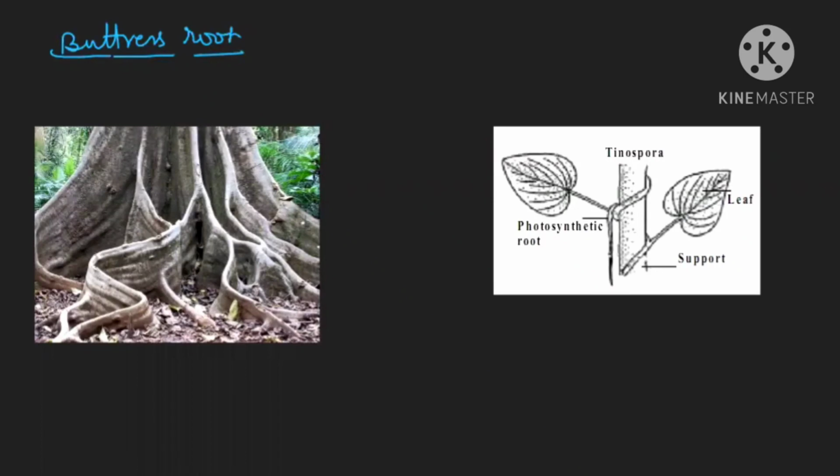Peepal tree is also known as Ficus religiosa. So these are known as buttress roots or laterally compressed roots seen in Ficus religiosa, in a very old peepal tree, not in the young one. This is the biological name of the peepal tree.